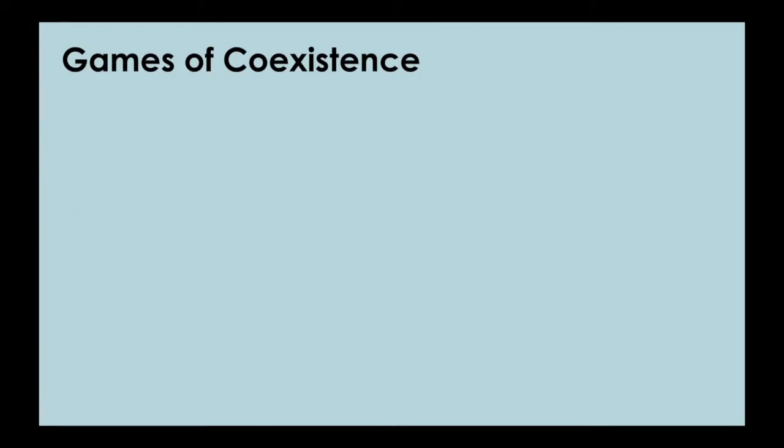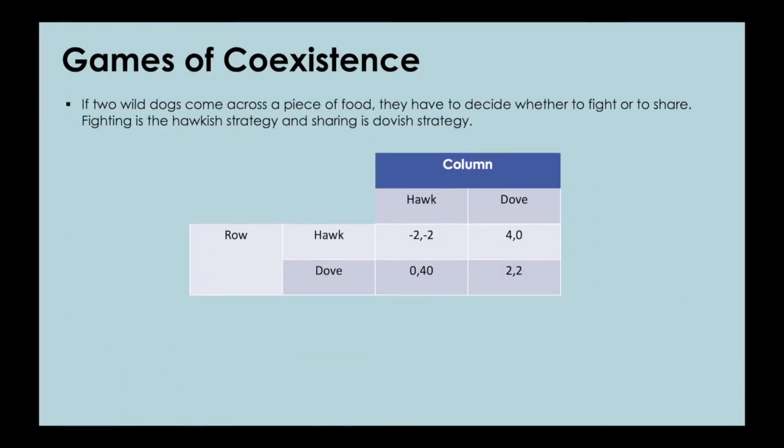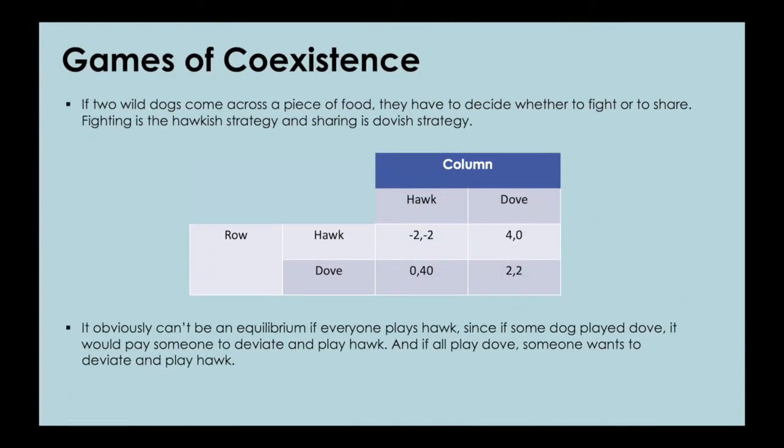So next is games of coexistence. The most famous game of animal interaction is the hawk and dove game. This game involves a single species that exhibits two kinds of behavior. For example, if two wild dogs come across a piece of food, they have to decide whether to fight it or share the food.